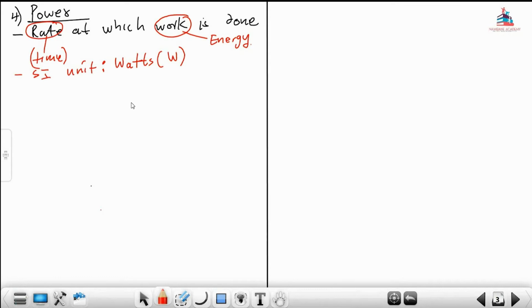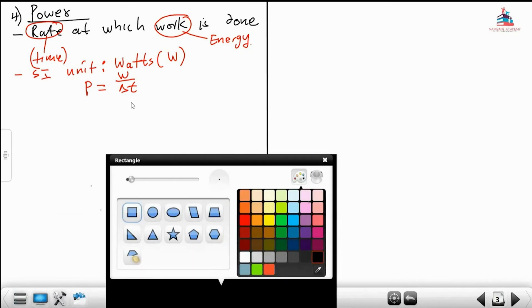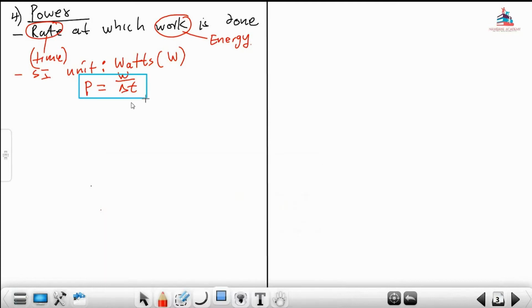Can one represent the given statement in terms of an equation? Yes, one can say P is equals to W over now changing T. So this becomes an equation that one can use for calculating power.